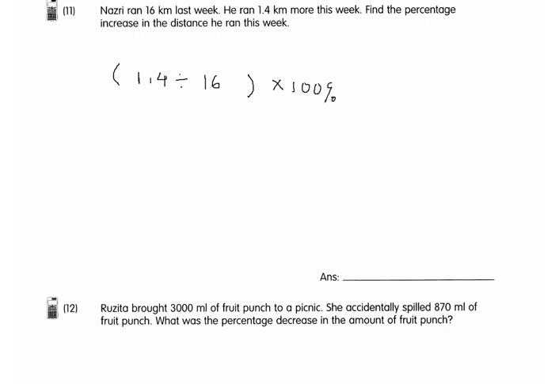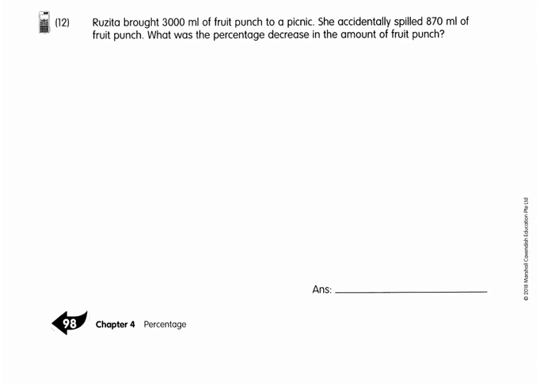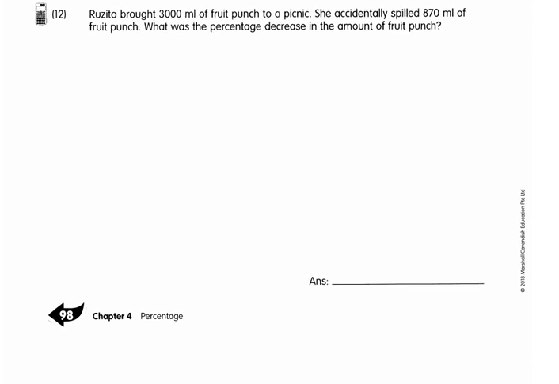Lauren, tell me what's the answer? 8.75%. So 8.75%. If any of these answers are wrong, it's because Lauren is wrong, okay? Right, not my fault. I didn't use a calculator. Okay.